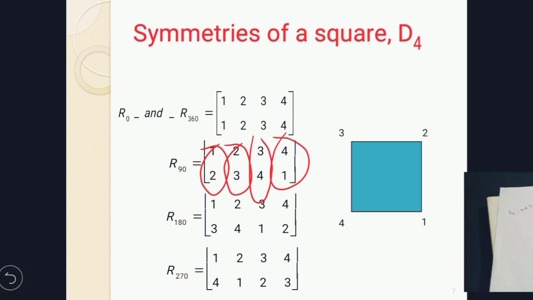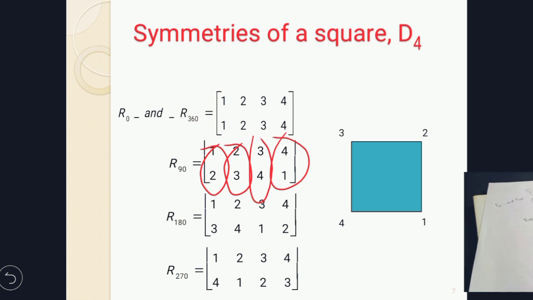Similarly, when the square turns again to 180 degrees, at that time the square becomes like this and 1 goes to here, that is 1, 2, 3, 4.